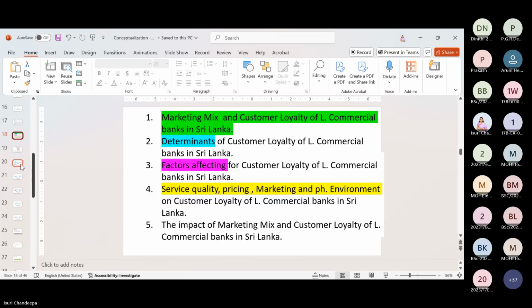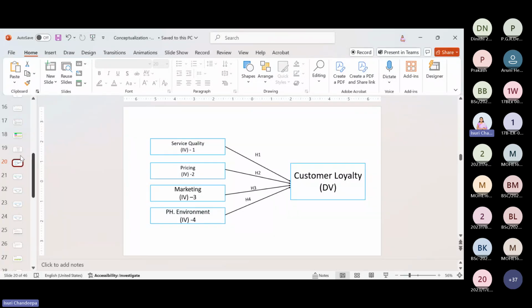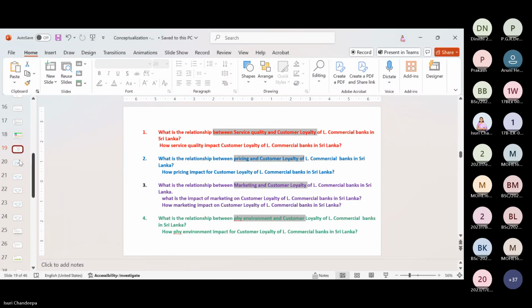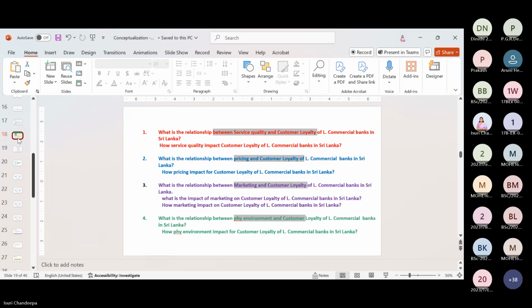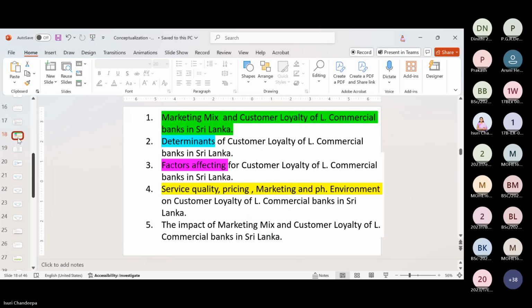Okay. Tell me if you have any question on this one. Yes, you can ask any question, because the other conceptual diagram may be more complicated than this one. That is fine.